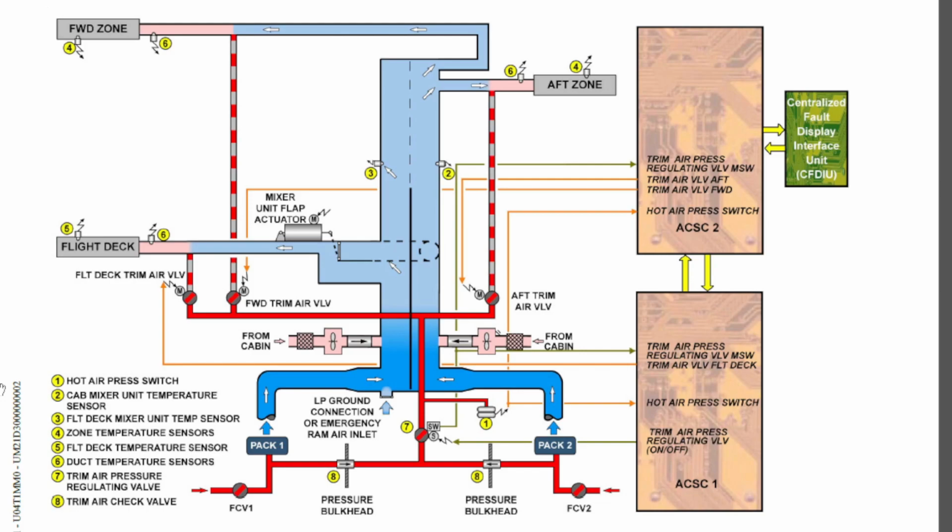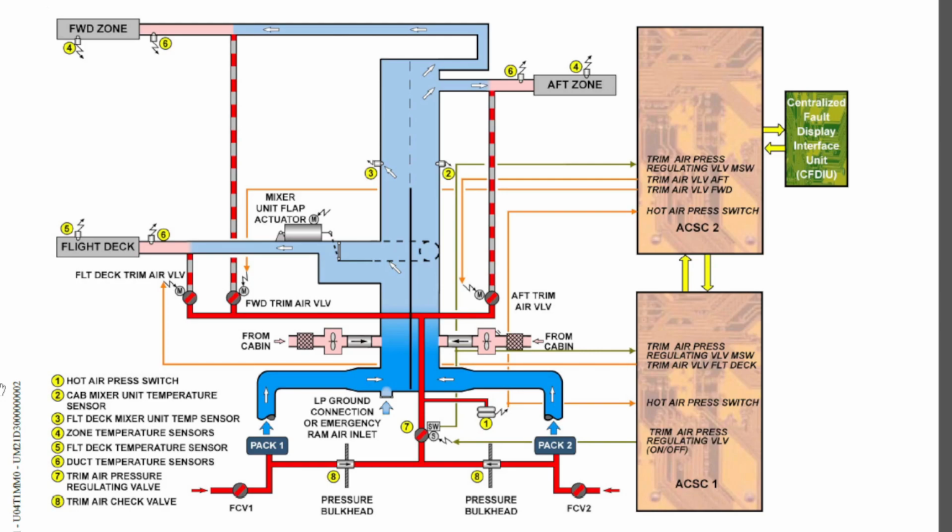Next, in the next lesson or in the next video, we'll summarize this part. So we learned about the pack components, the basic layout, the mixer unit and the hot air system.